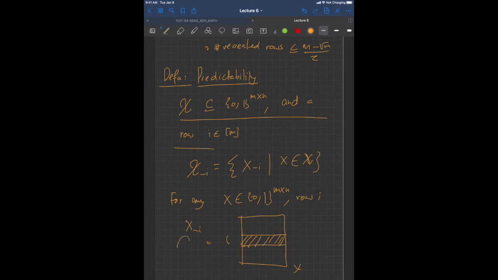So x minus i is an element of {0,1}^(m minus 1 by n), a matrix with m minus 1 rows and n columns. Okay, are there any questions about this definition?